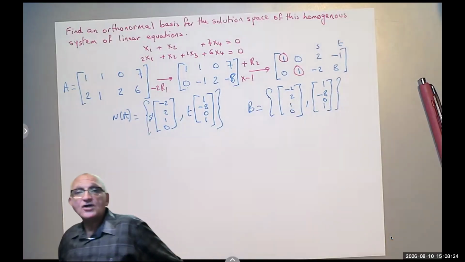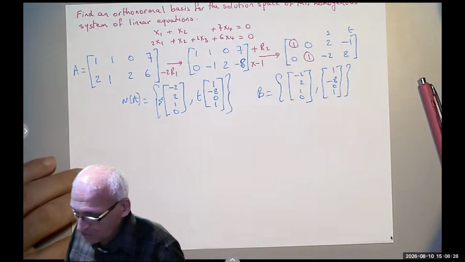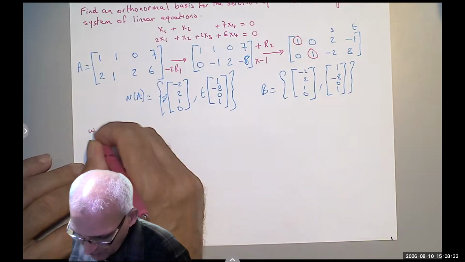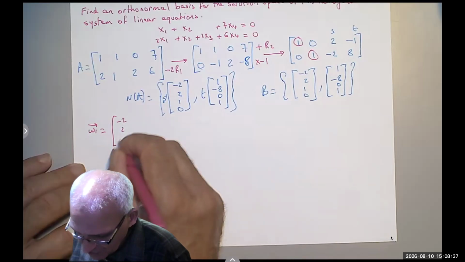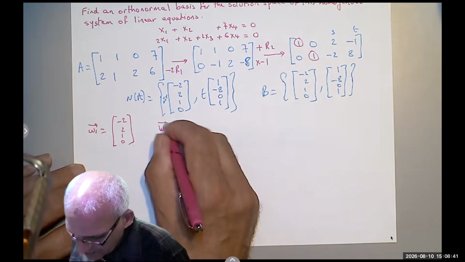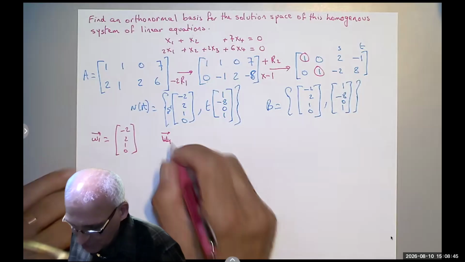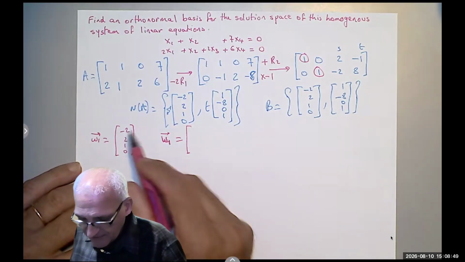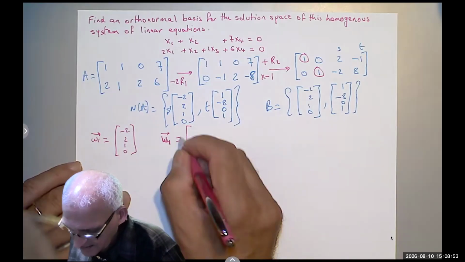Of course, these two are not perpendicular to each other. So in order to make them perpendicular, we say W1 equals -2, 2, 1, 0. So U1, because they want an orthonormal basis, the magnitude of that is 4 plus 4 plus 1 is 9, under the radical is 3.